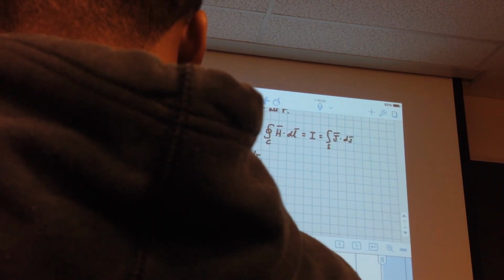The pi's cancel. You've got 2I over a squared, and then the antiderivative of r, so it's r squared divided by 2 from 0 to r.